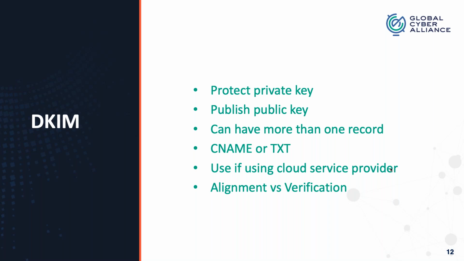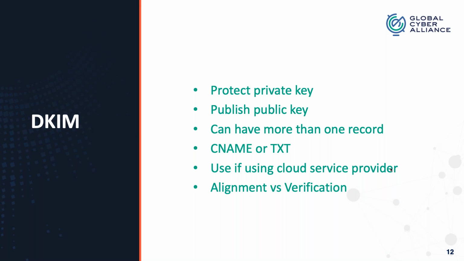So make sure it's somewhere safe, secure, and that the system can access it, so that the signing can happen. And then you publish your public key. So whether it be the TXT record or the CNAME record you're creating, the CNAME record is not actually going to be the public key, but it's going to point to the domain that holds your public key. The TXT record is going to be the actual public key.